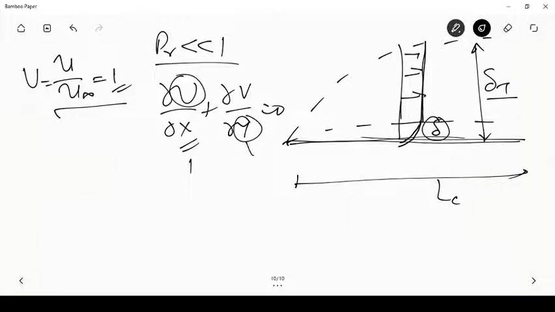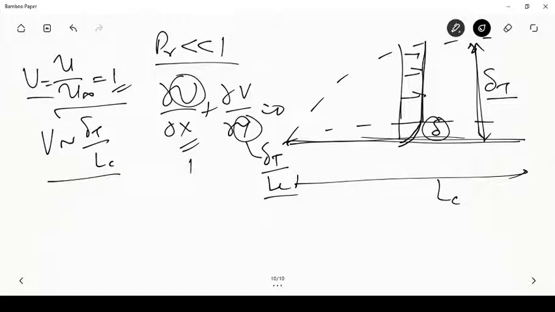Y is now going to be of the order of delta T by LC, because we are looking at the thermal boundary layer thickness, and therefore the order of magnitude will tell me V is of the order of delta T by LC. Okay, so that is your first thing. So V is of the order of delta T by LC, U is of the order of 1, and Y is of the order of delta T by LC.